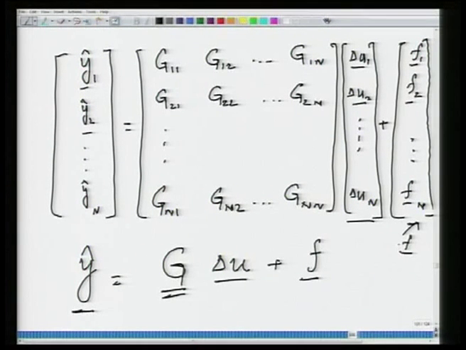If I call this f, this delta u, this G the matrix, and this Y the prediction, notice I had a very similar equation for a SISO system.